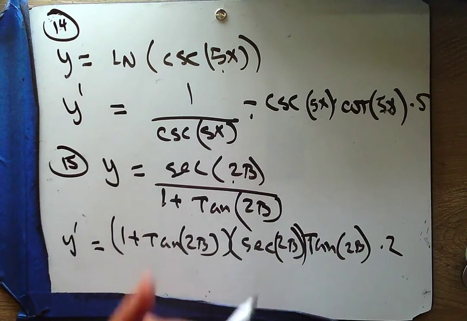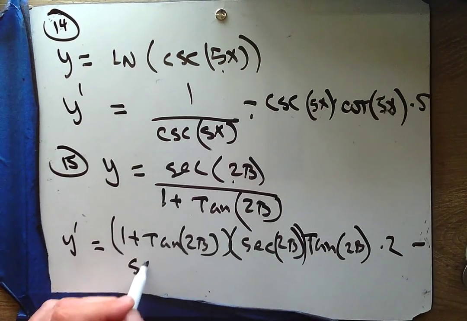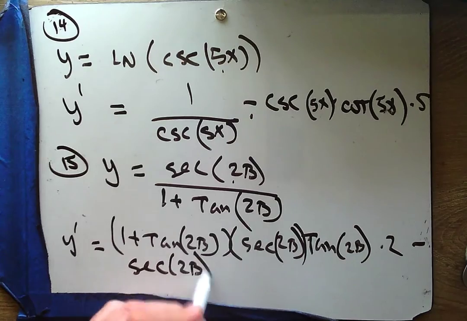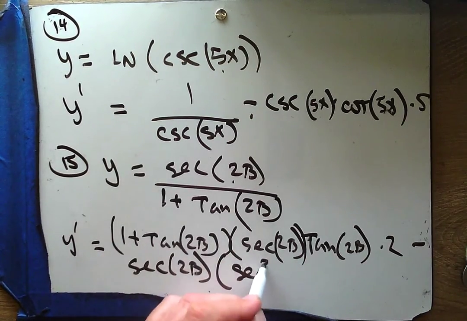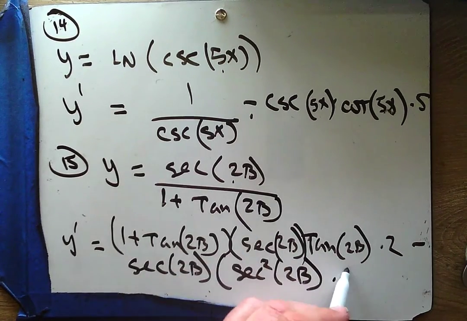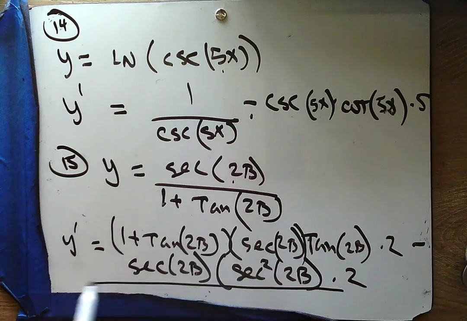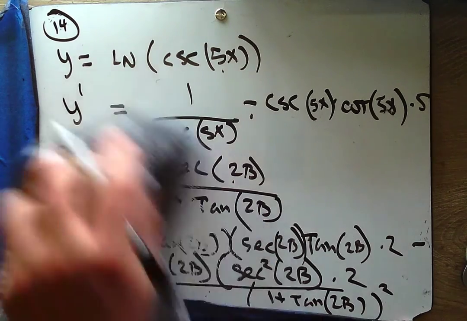Wow. But wait, there's more. Minus high d low. Derivative of that is 0. The derivative of this is secant squared. Leave the inside alone, times the derivative of the inside. All over 1 plus tangent of beta, squared. Yeah, we could do a little. Yeah, I'm not going to simplify that. I'm sorry.